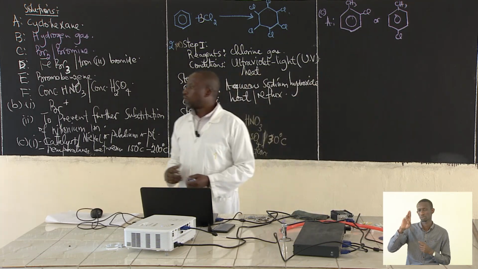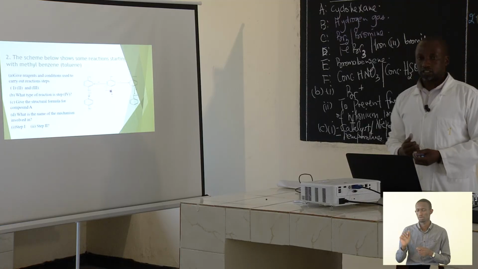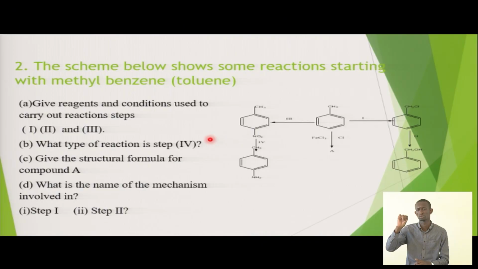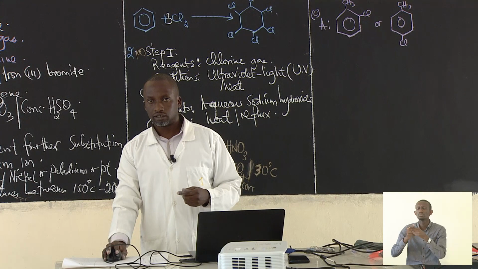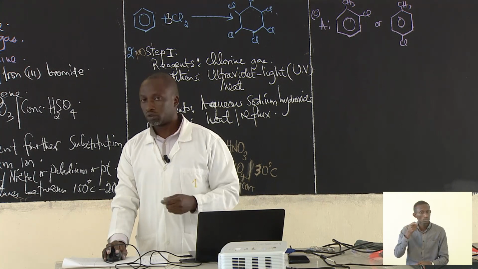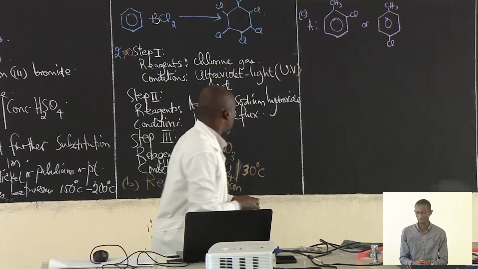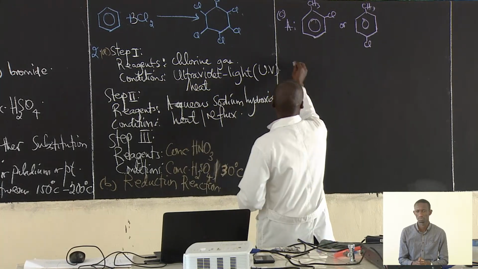What is the name of the mechanism involved in step 1? So we have step 1 here. What is the name of the mechanism here? Do you still remember that? I hope so. So good.